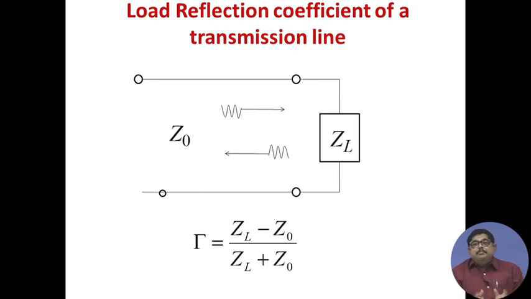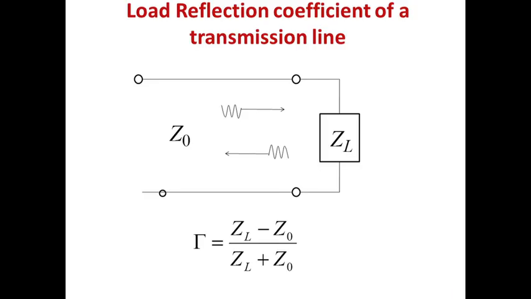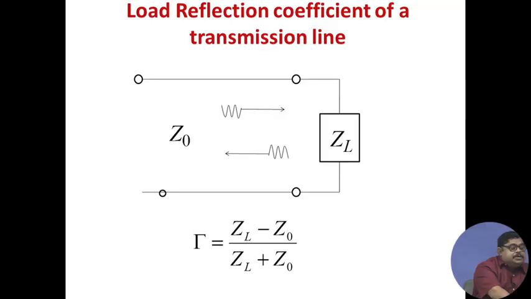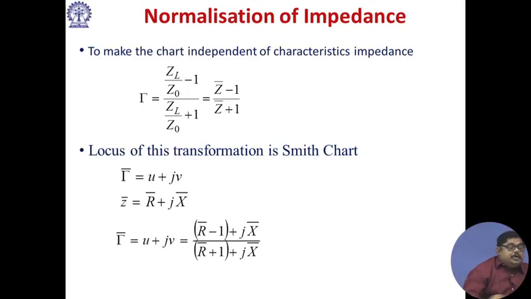From the impedance level Z naught, suddenly I am seeing a new impedance level ZL, so there will be a reflection, and the reflection coefficient will be ZL minus Z naught by ZL plus Z naught. Here the equation is correctly written, the denominator is plus. This is called the load reflection coefficient of a transmission line.